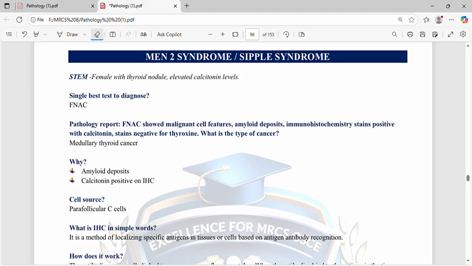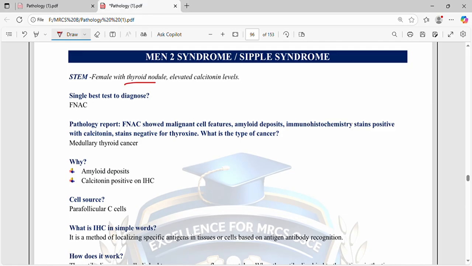Okay, so we studied the scenario of a female with a thyroid nodule. Most probably this is medullary thyroid carcinoma because calcitonin is elevated.